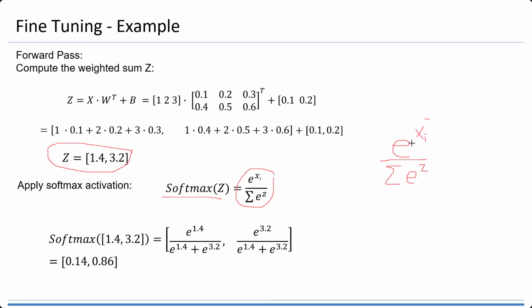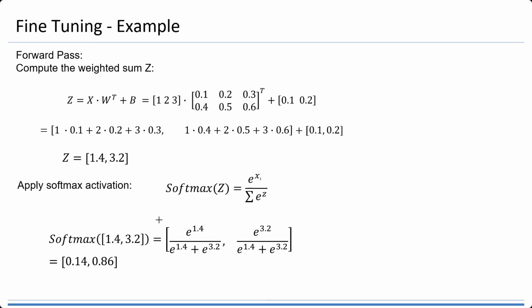What is xi? Xi is an element of this Z. So this is the xi. It means we want to know the prediction for the first class, and this is the probability of prediction for the second class.